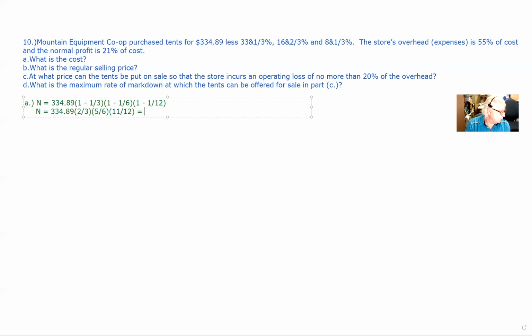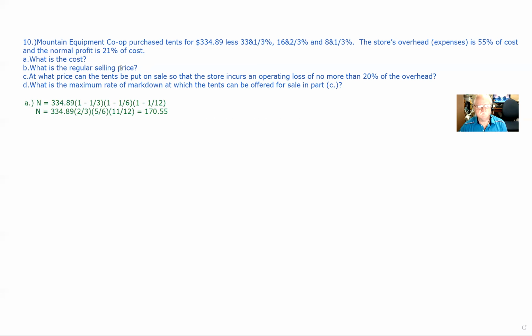And when we multiply this out, let's figure out what we're going to get here. I'm going to go 2 divided by 3 times 5 divided by 6 times 11 divided by 12 times 334.89, and I'm getting 170.55. So that's our answer to part A.